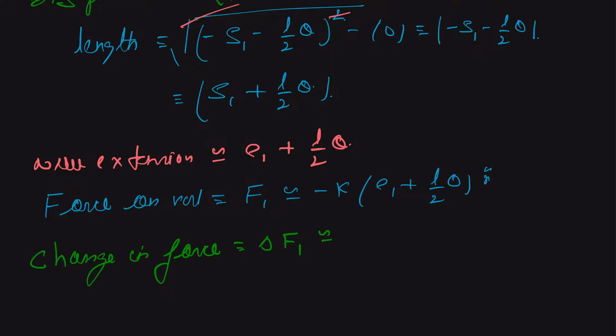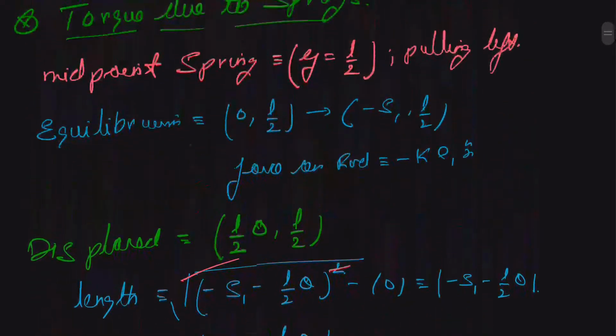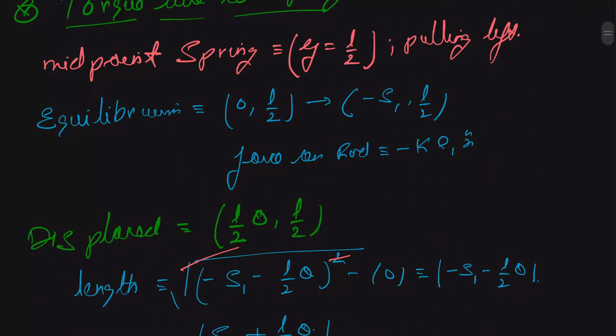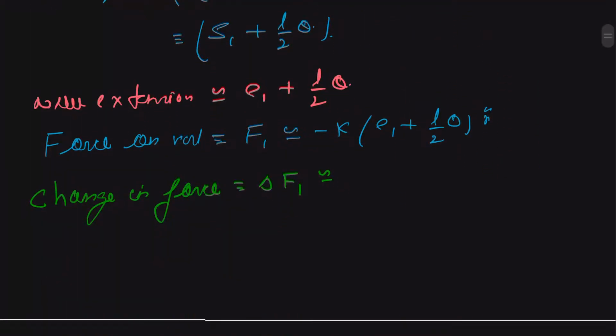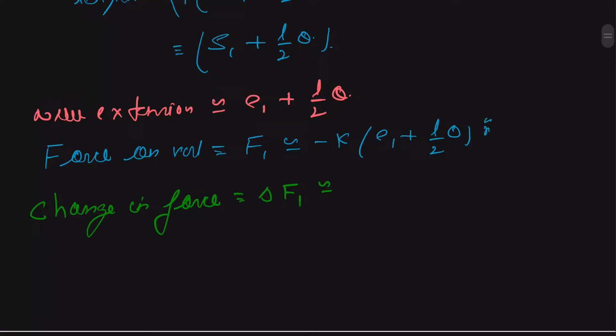Initially the force was minus k E1 x unit vector, and therefore this minus k E1 x unit vector is going to cancel out, and we are going to get that the force will be equal to minus k L by 2 theta, and this is our x unit vector.